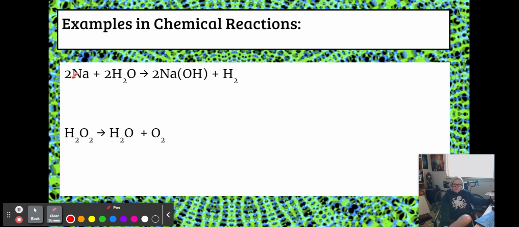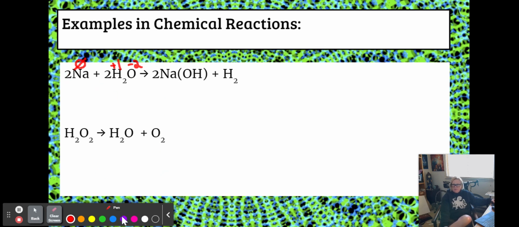So I'm looking at my periodic table. I realize sodium here is represented by an element, so it's going to start with an oxidation state of 0. I know that water is neutral, it has no overall charge, and oxygen in this case is going to be a -2, and hydrogen is going to be a +1.